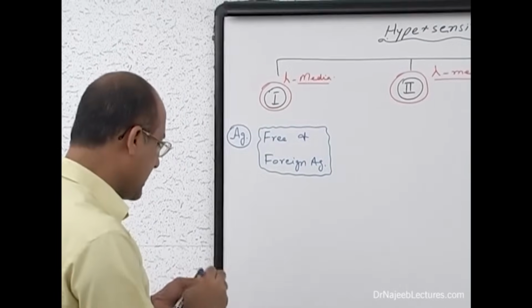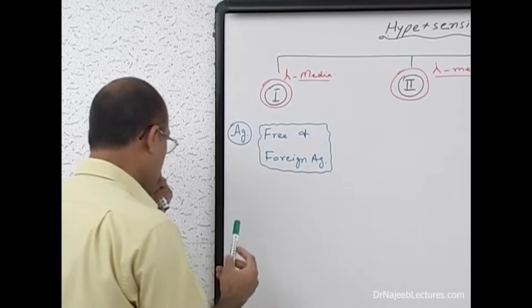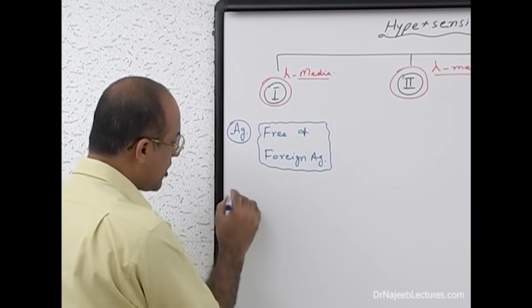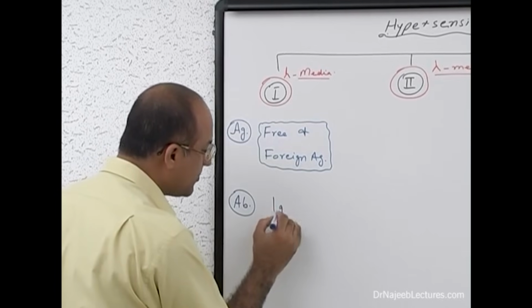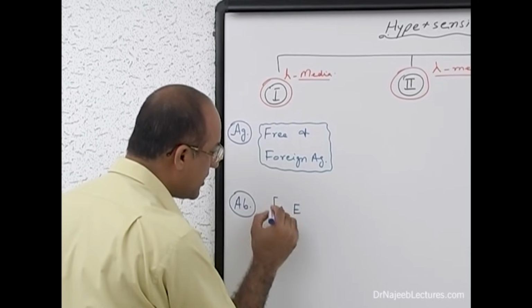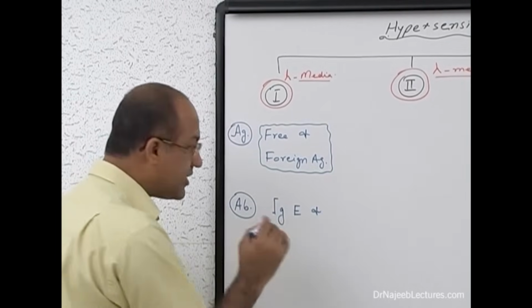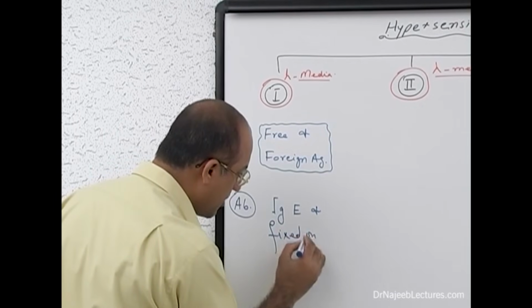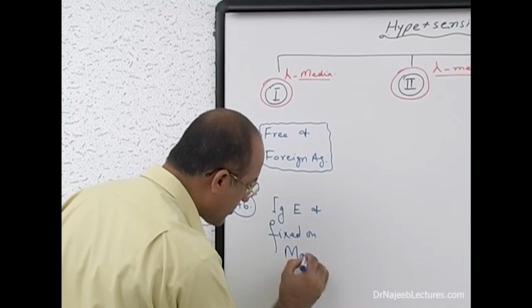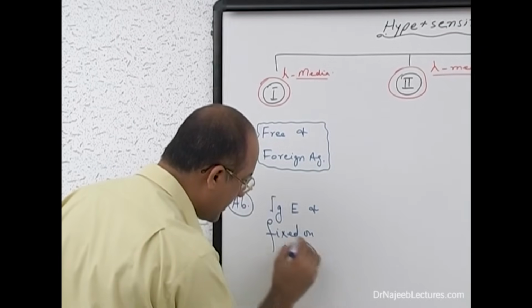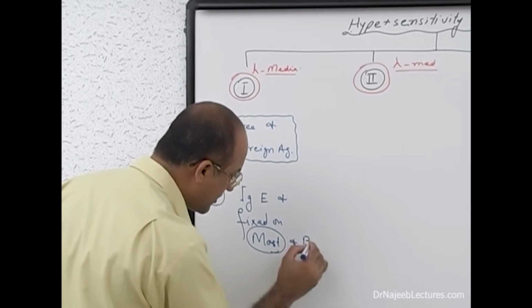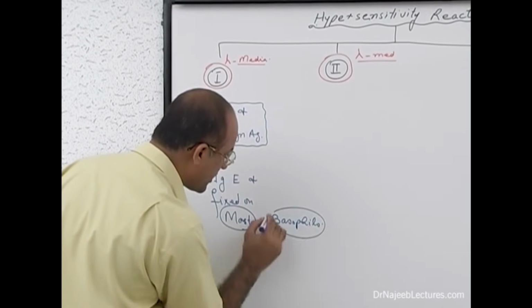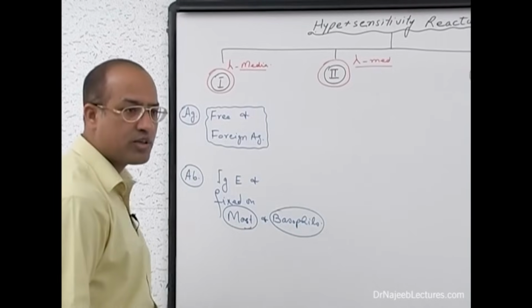But antibodies in type 1 are always IgE. The antibody type is IgE, and this IgE is fixed on mast cells or basophils. Mast cells are present in tissues and basophils are present in circulation in very small amount.